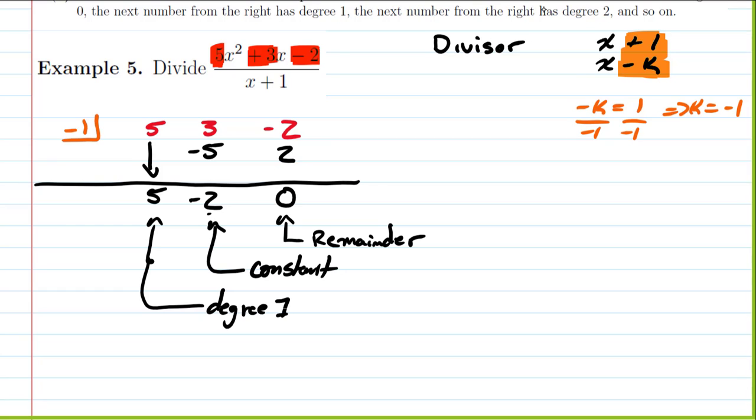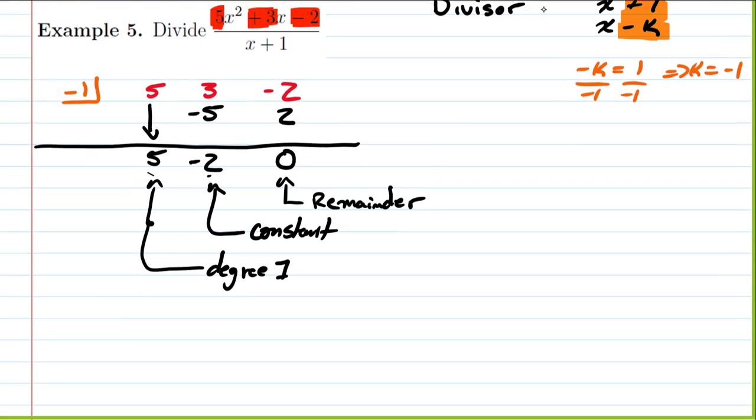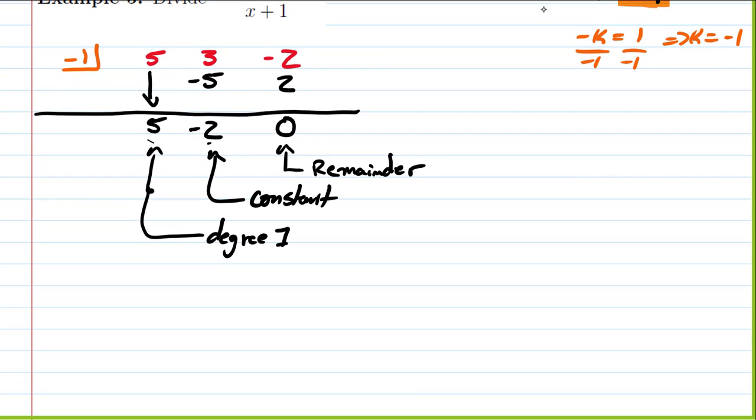It starts at our remainder, and as we move to the left in these columns, it counts up. Or in other words, we could count down from starting here. We started with a degree 2. If we divide by a degree 1, then the first thing is going to be degree 1, degree 0, and our remainder. So then this is the polynomial 5x minus 2, remainder 0.